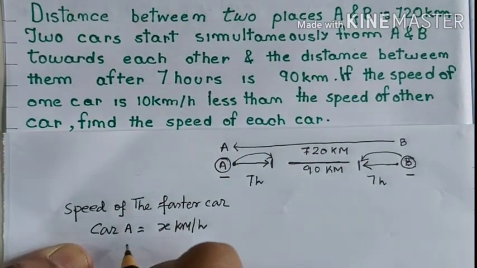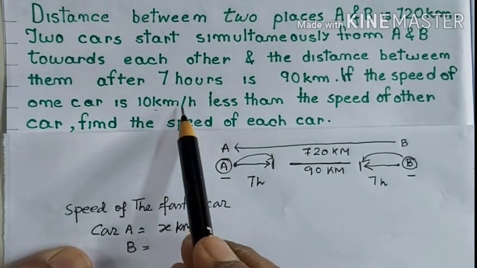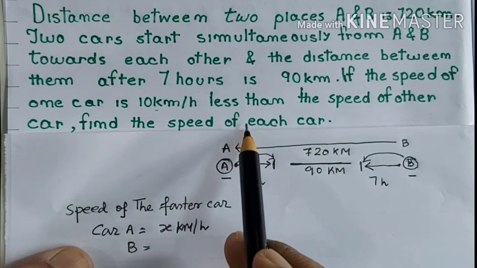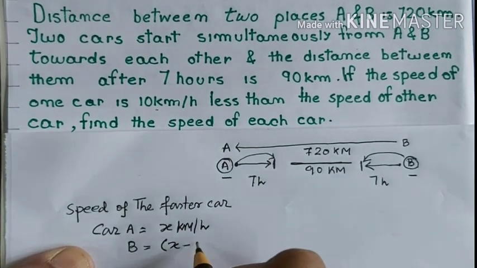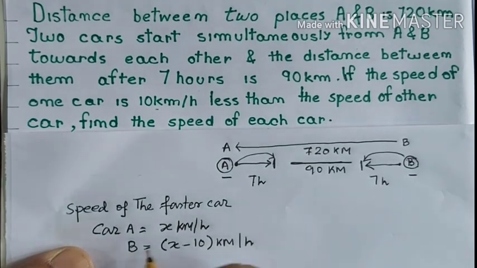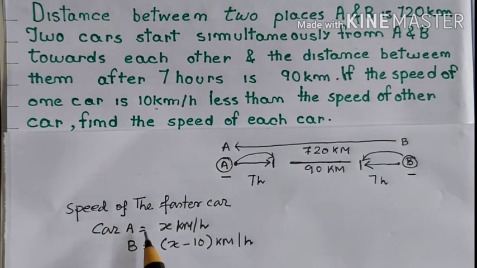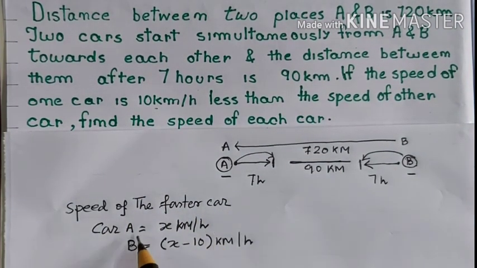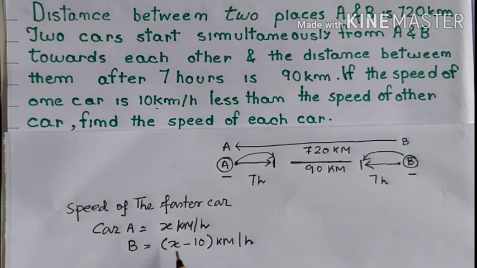The speed of car B, as per the question, is 10 km less than the speed of car A. So the speed would be x minus 10 km per hour. This is the assumption. Here we have assumed car A is the speediest one. So speed of car A is x km per hour, and speed of car B is x minus 10 km per hour.